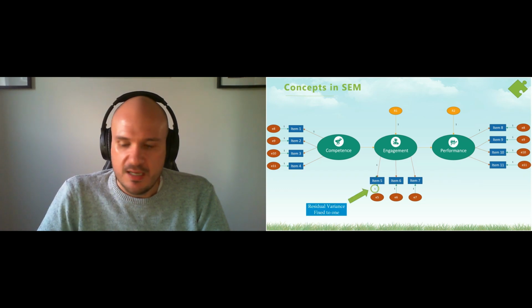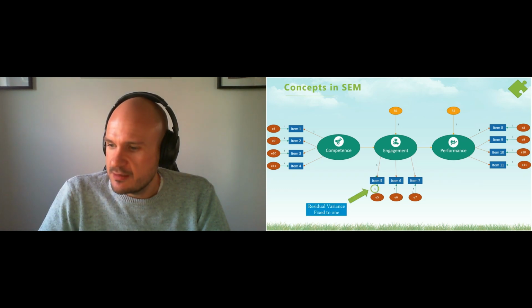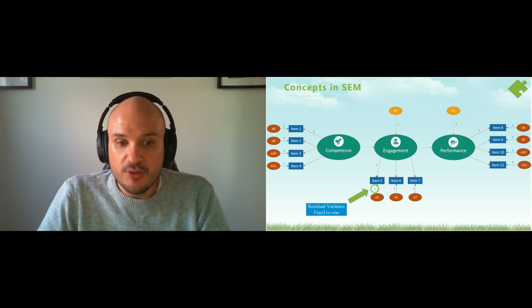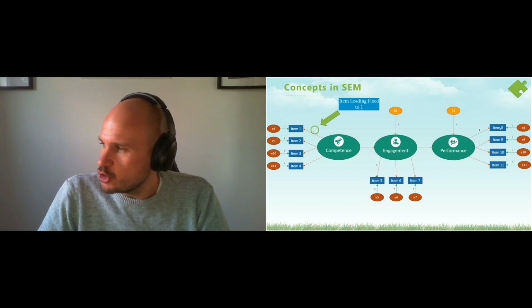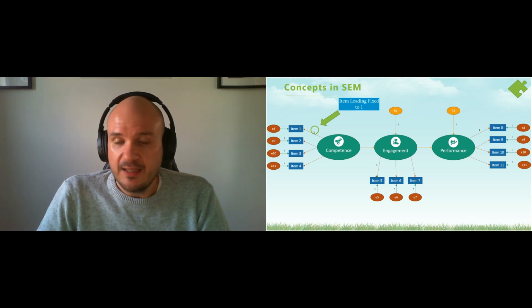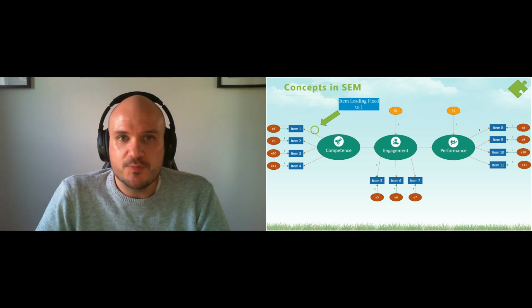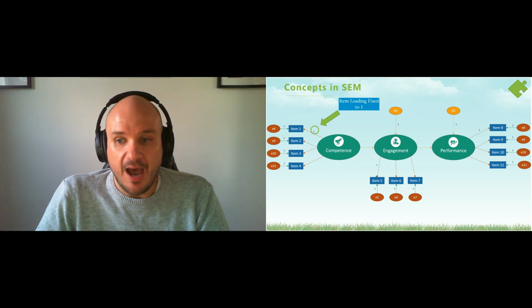Another thing you will notice is that each error variance, the residual variance, is constrained to 1. You also notice that each one of these item loadings is constrained to 1. So the item loadings are fixed to 1. Why? Because it helps us to estimate other factors.